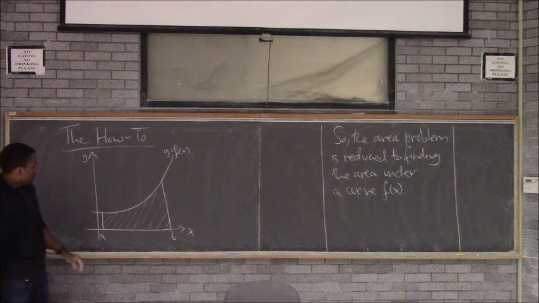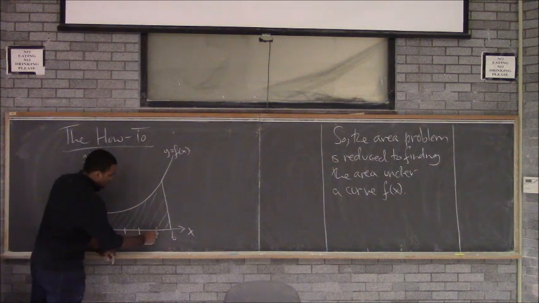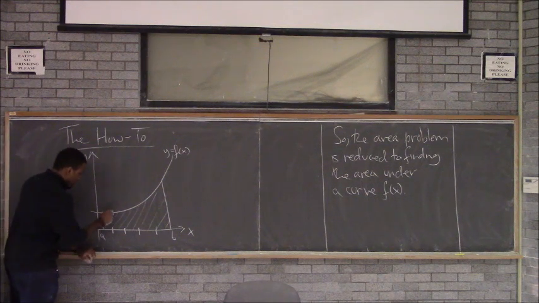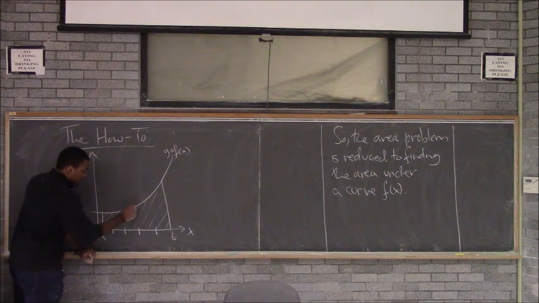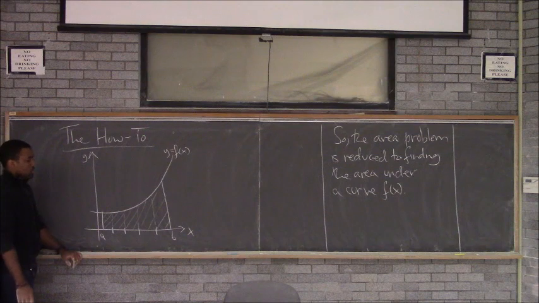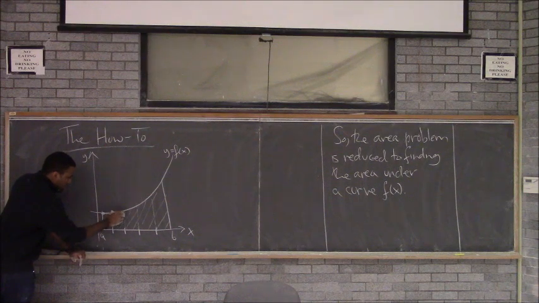What we're going to do is dissect this interval AB into a bunch of terms. And on these subintervals, as they're called, I'm going to create rectangles. So let's say here I decide to cut off the height of the rectangle on this side.